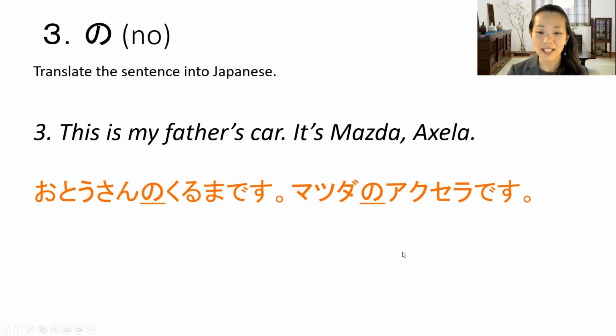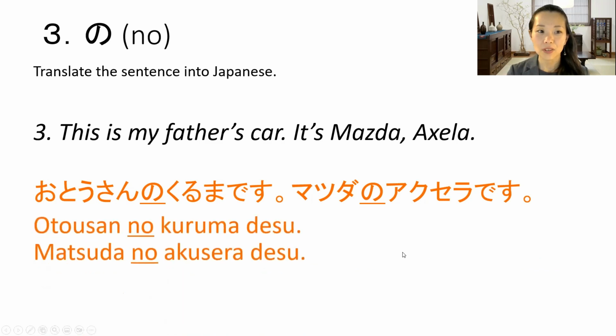So we studied how to use の in these sentences. We practiced the three example sentences. Previously we watched the slide, but this time let's copy what I say. It's a listening and pronunciation exercise.